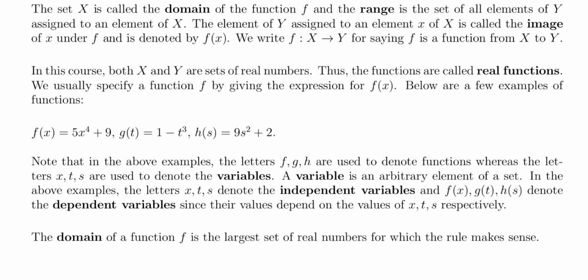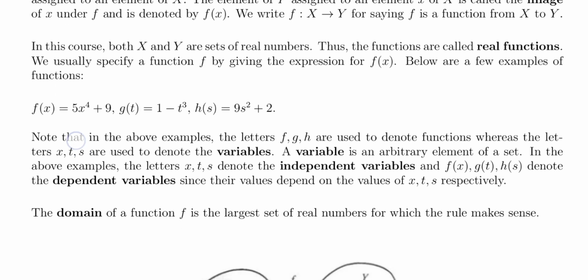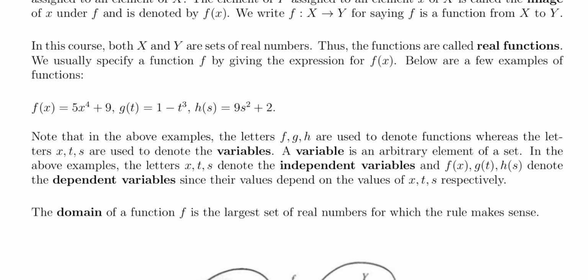So the input x, which is the domain, is specific to the output y. It's only when we put in a specific value of x that we get a value of y. That is what we mean when we say the image of x under f, denoted by f of x.